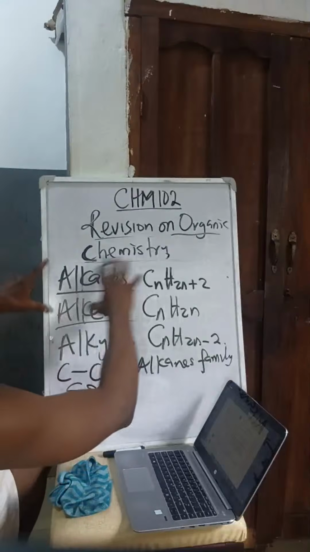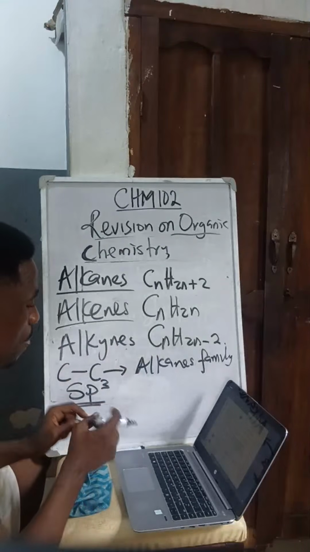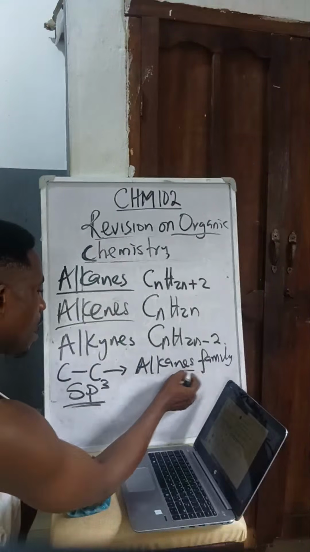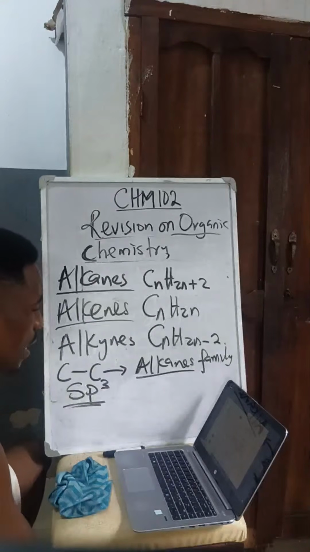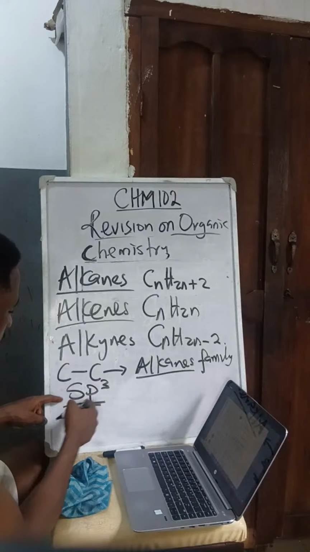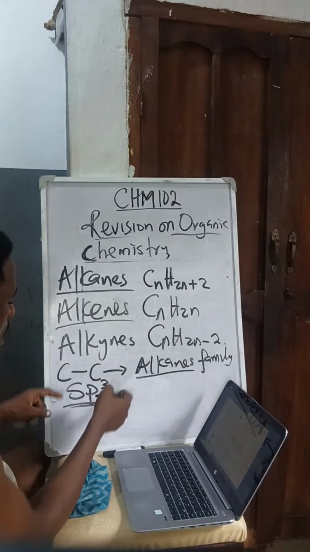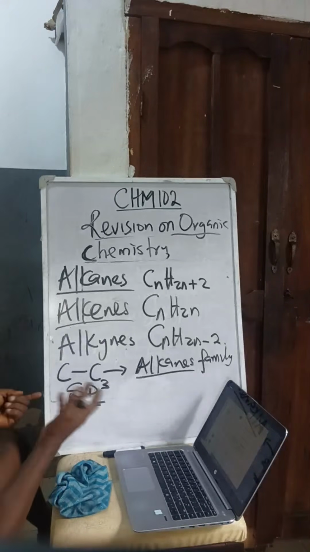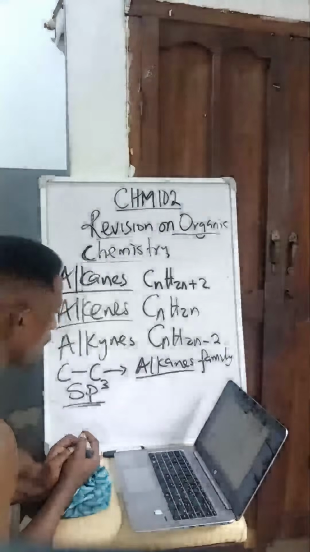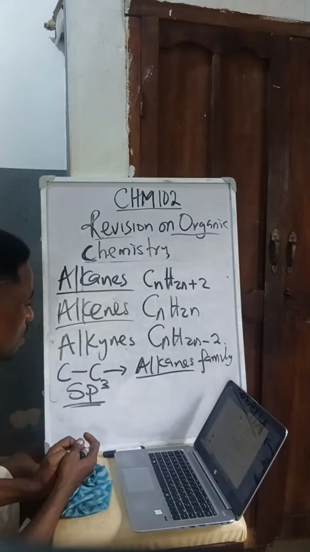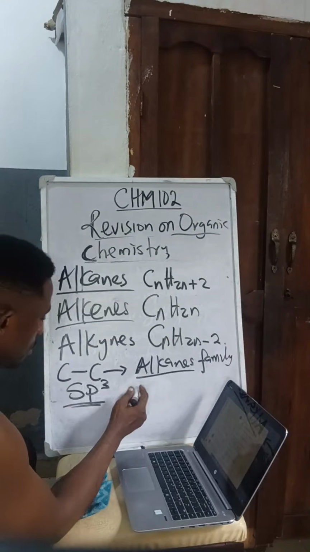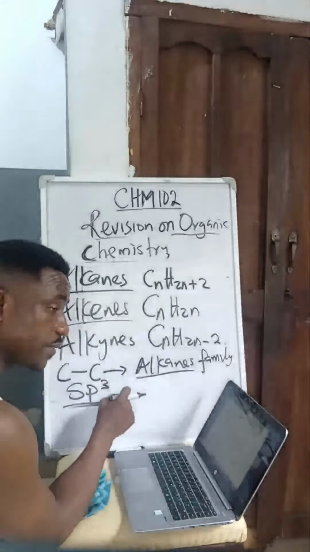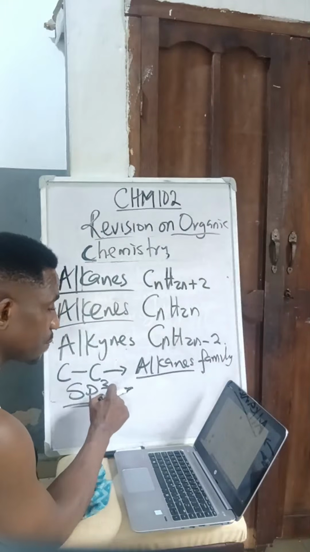So that is what they generally call hydrocarbons. Now, for the alkene family, we have sp2, carbon-carbon double bonds, and they undergo addition reaction. The alkanes undergo substitution reaction, okay?